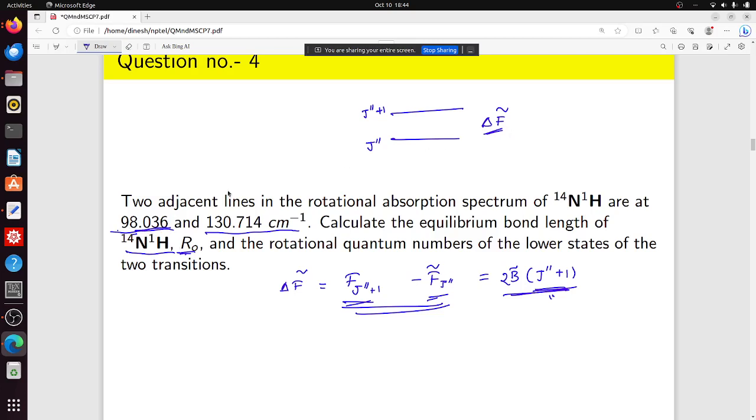This is nothing but this delta F value, 98.036 centimeter inverse. This much energy is required or emitted when this transition is happening from J double prime to J double prime plus 1, and one more line is there, let's say J prime to J prime plus 1 transition is happening.